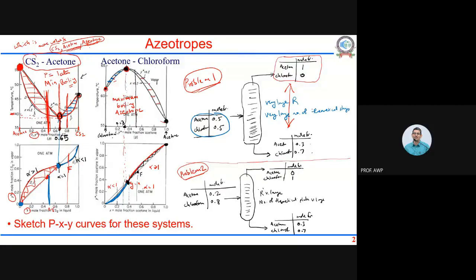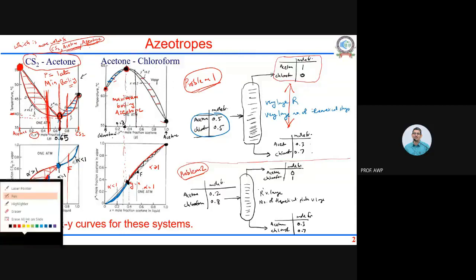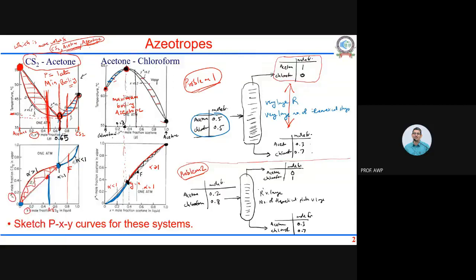Now for problem 2, 0.2 and 0.8, we are somewhere here. This is our feed. The more volatile component is now the chloroform, so I will get 0 and 1.